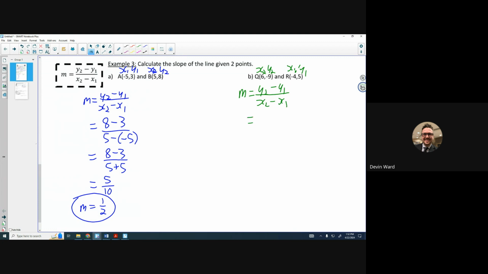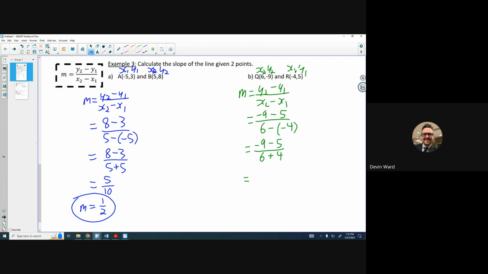Okay, so I said y2 is -9, so -9 minus y1 is going to be 5. x2 is 6 minus x1, which I said was -4, so I need to put that into brackets to ensure that I'm subtracting by a negative, which turns into addition. So it still stays as -5 up here because the 5 was negative. This one will become 6 plus 4.